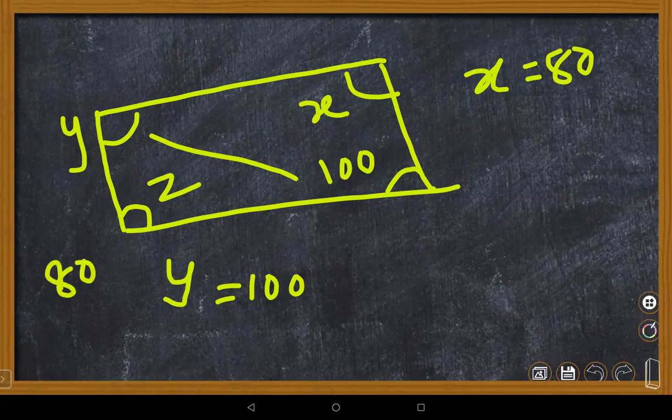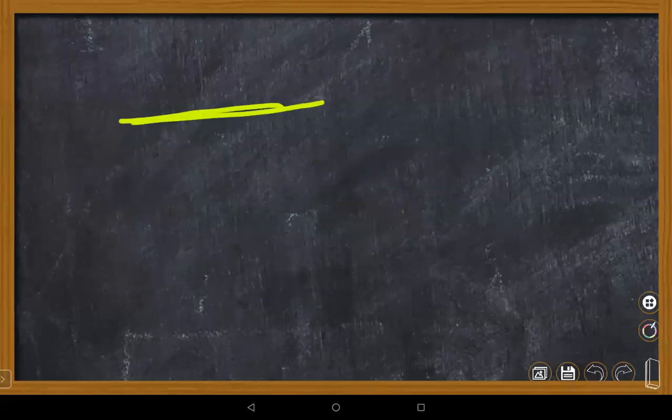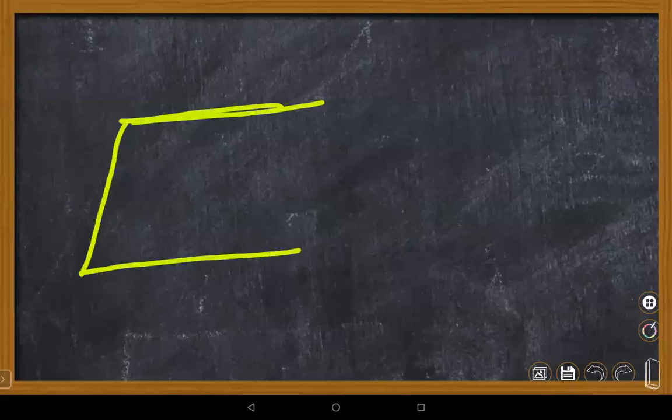Right. Next, Manideep. Manideep, are you there? Yes, can you hear me? Yes, I can hear you, Manideep. Please answer this question. Manideep, this is a quadrilateral. The diagonals are given.